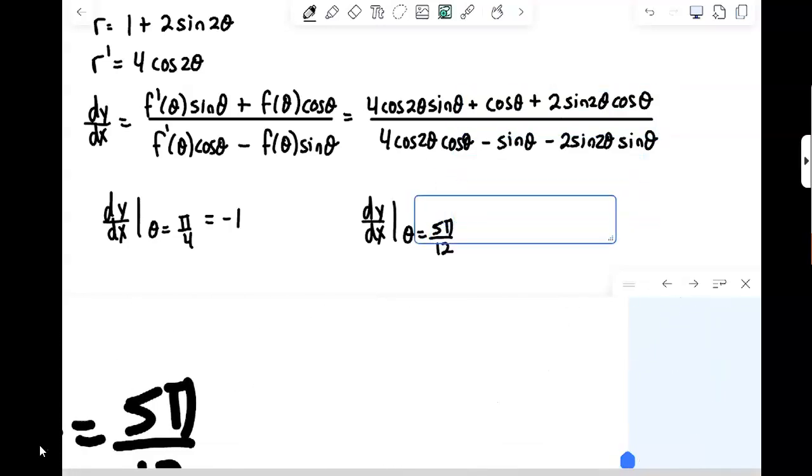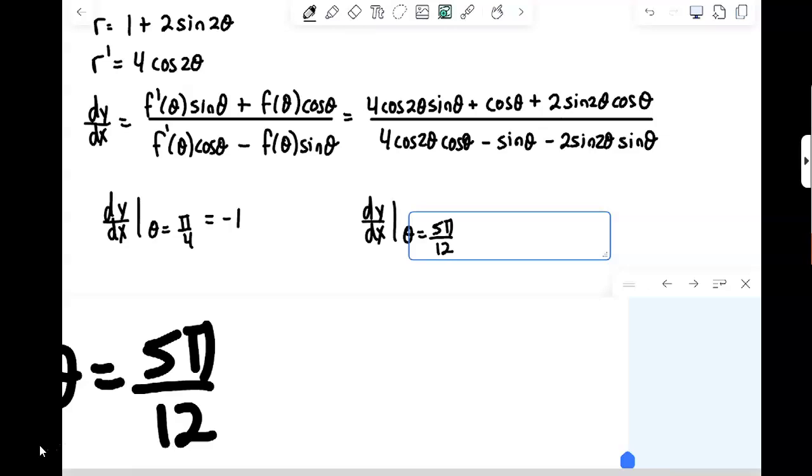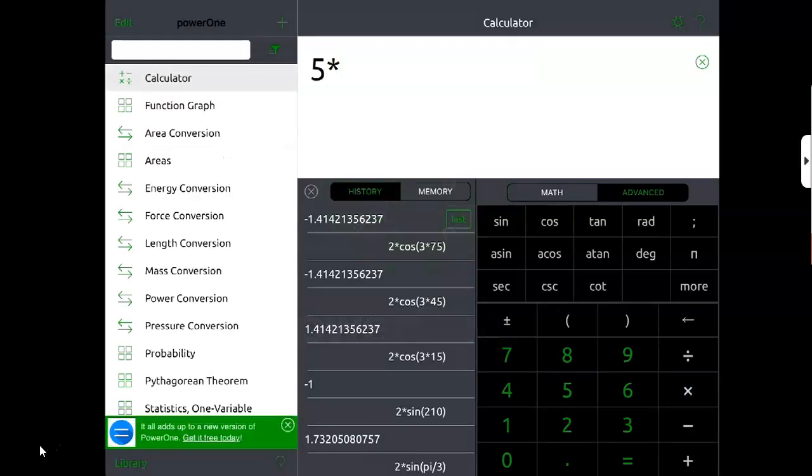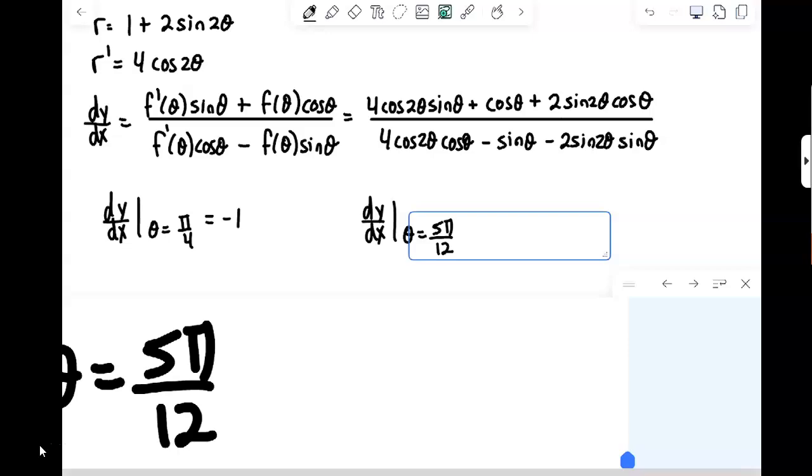And so just to do things a little quicker on my calculator, 5 pi over 12, if we converted that over to degrees, we would multiply by 180 over pi. Right, and we see that that's 75 degrees. So using my formula, I'm going to do it with 75 because it's just quicker to type it in.